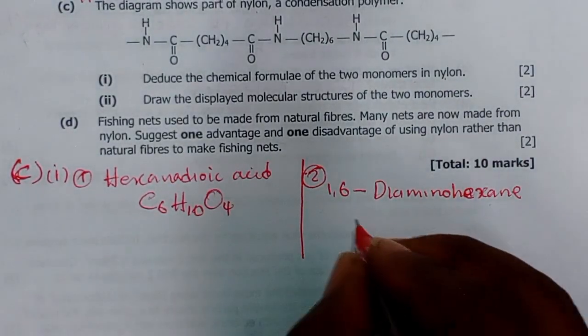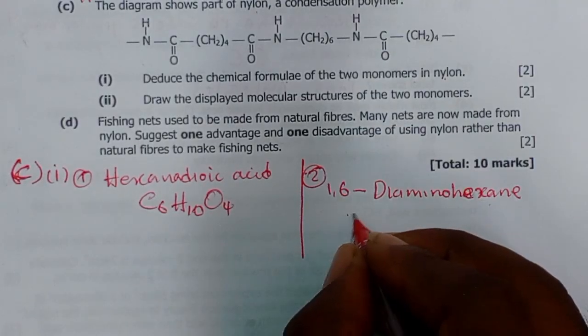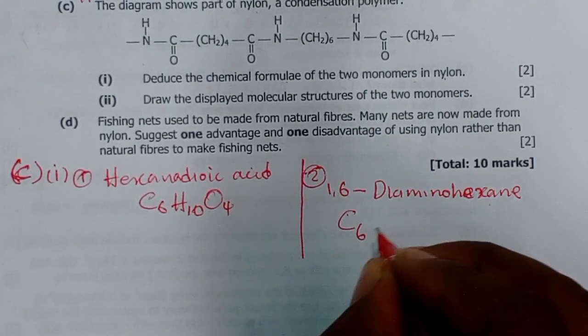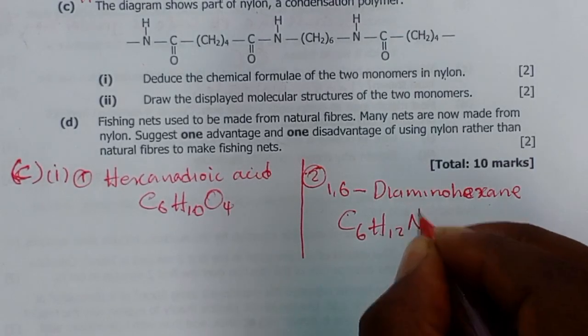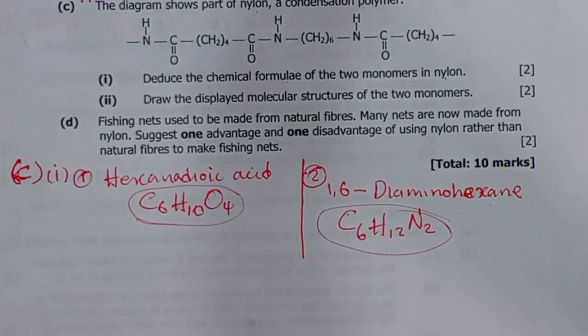Its chemical formula is C6H12N2. So these are the chemical formulas of the two monomers of nylon.